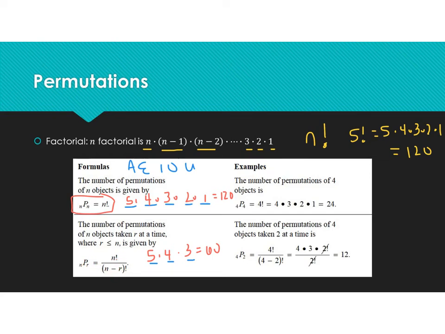In this case, with our 5 letters, it would be 5 factorial over 5 minus 3, which would be 2 factorial. So that is 120 over 2, which is your 60. Or you can look at it as 5 times 4 times 3 times 2 times 1, with times between all of those, over 2 times 1, and the 2's cancel and the 1's cancel, and you just have that part.